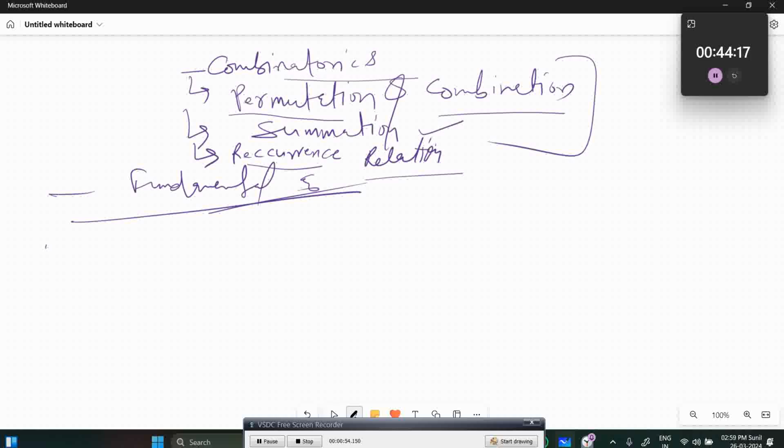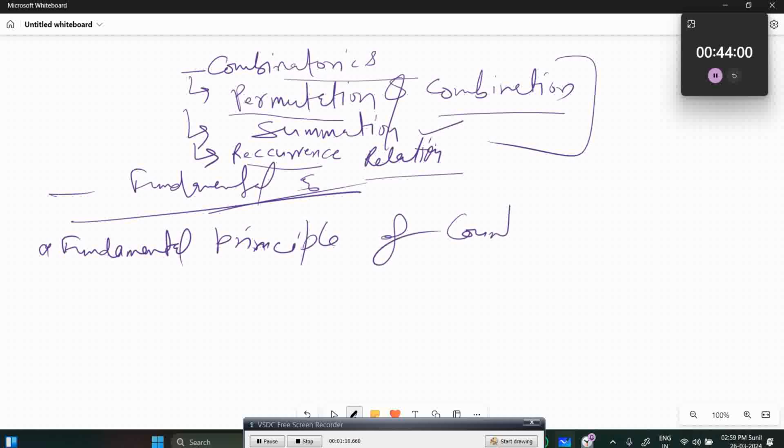So the next topic is the fundamental principle of counting.